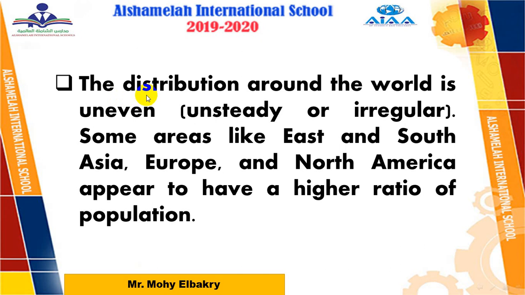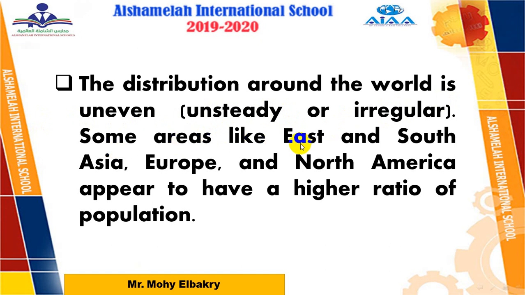Actually, no. So this is unfair. Why? Because the distribution around the world is uneven, means unsteady or irregular. Some areas are overpopulated and others are without a lot of people. Only few people live there.